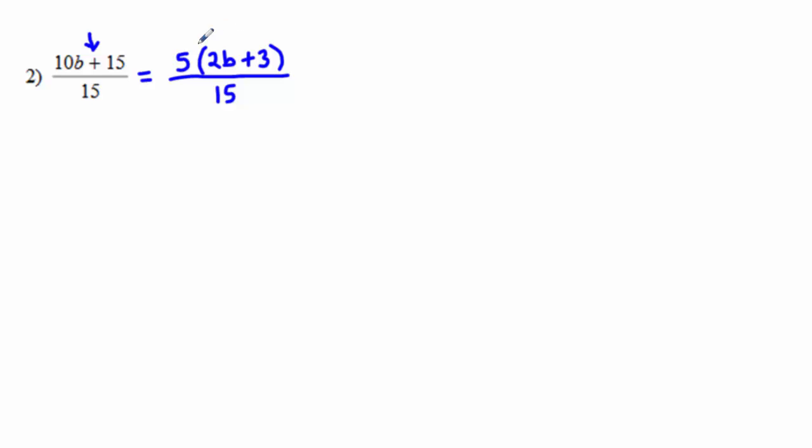And the idea here is that now that the 5 is on the outside and I'm now multiplying 5 times 2b plus 3, I can cancel this 5 with the 15 on the bottom and get 2b plus 3 over 3.